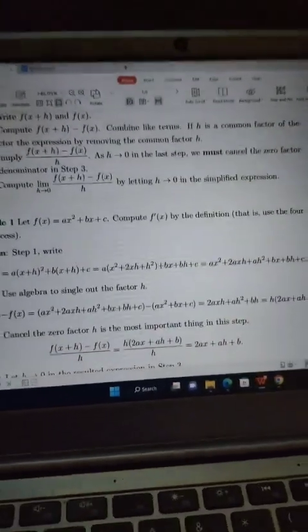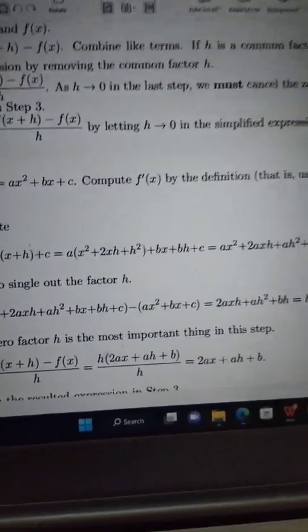Then step 2, we use algebra to single out the factor h.